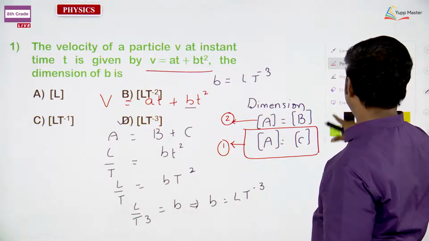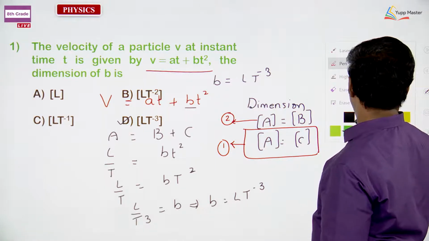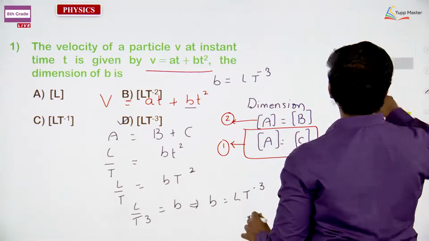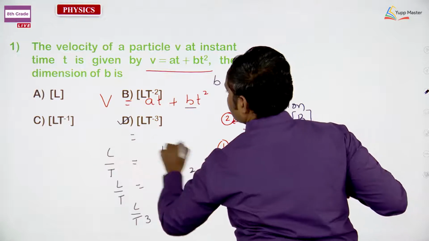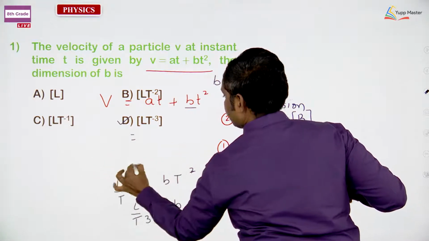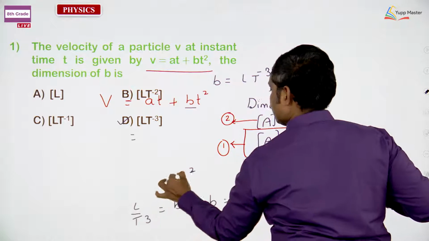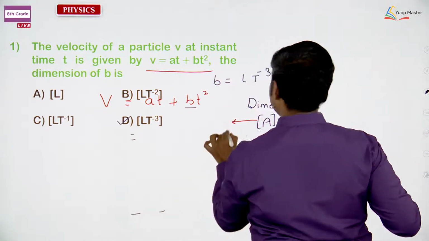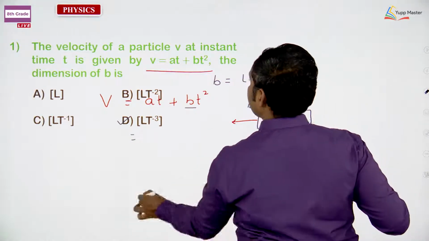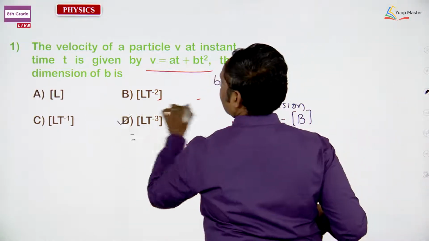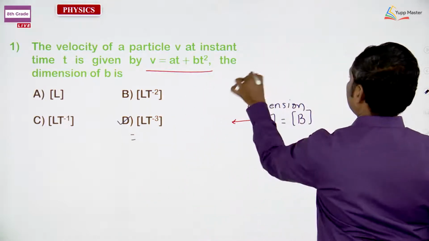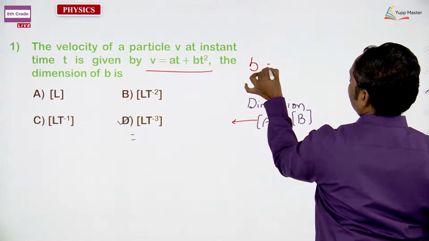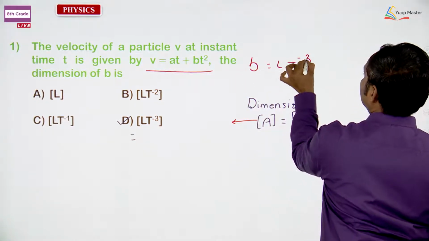We found that B is equal to L into T minus 3.